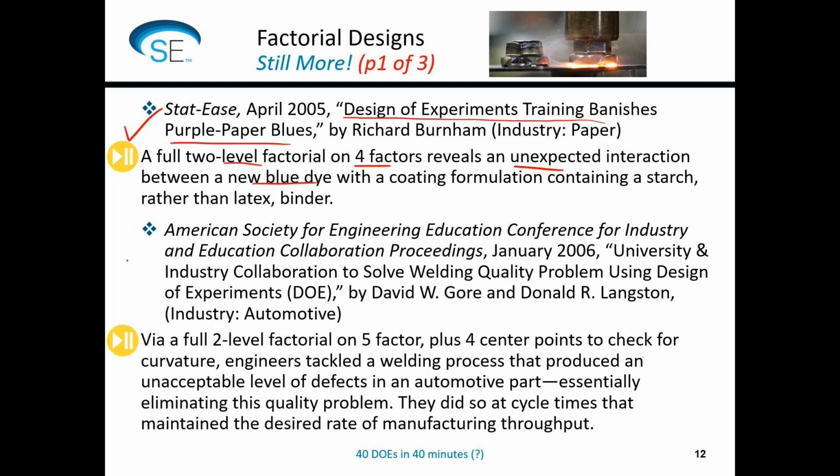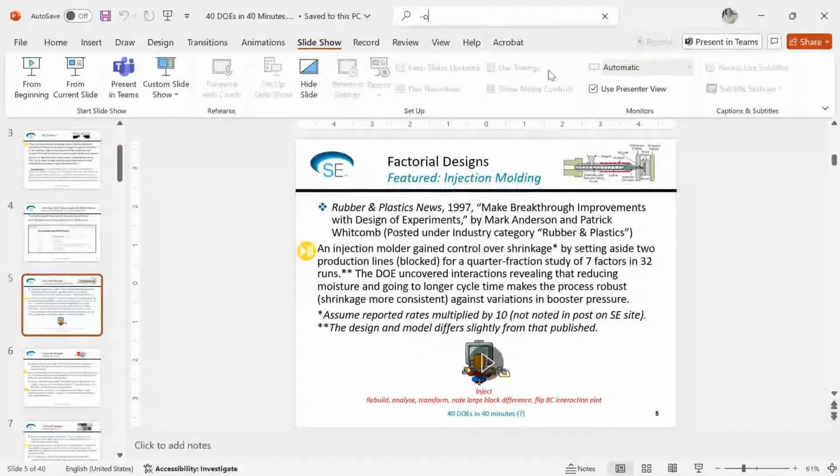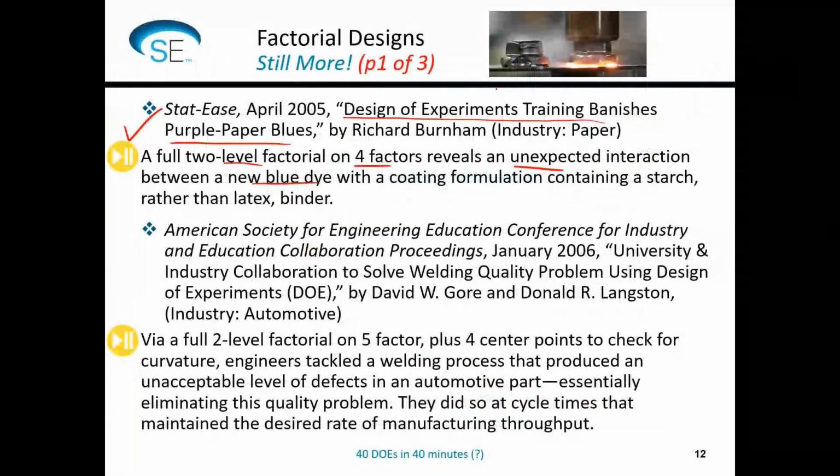Okay, then we get over to a welding operation. And this welding operation was trying to get this bolt mounted on, and it was kind of tricky trying to get that done. So David Gore was working on this along with his colleague Donald Langston, and they used a full 2-level factorial plus 4 center points.